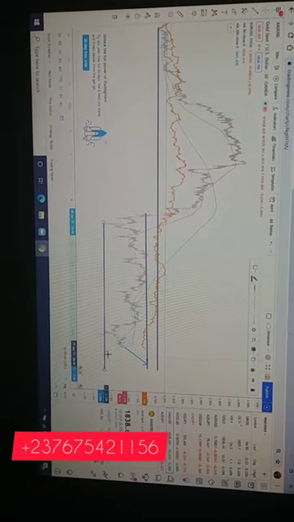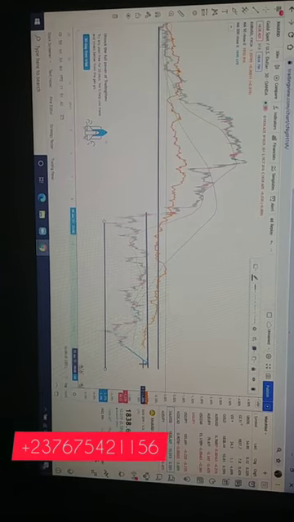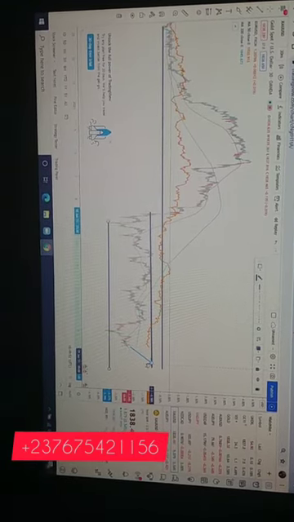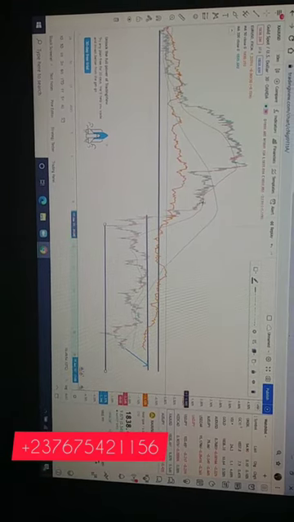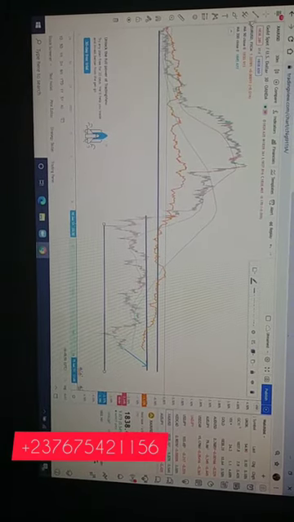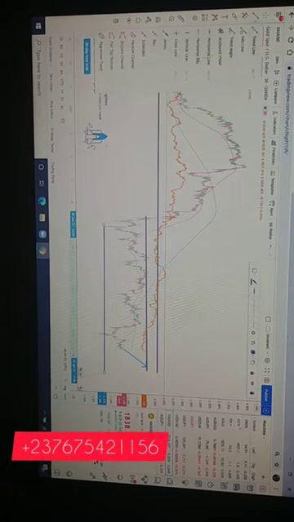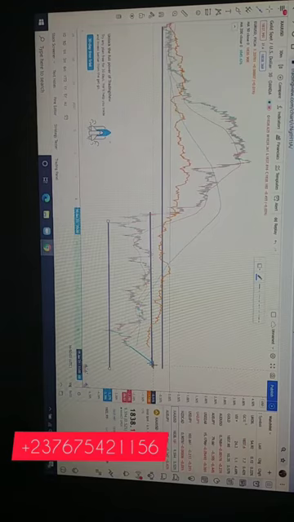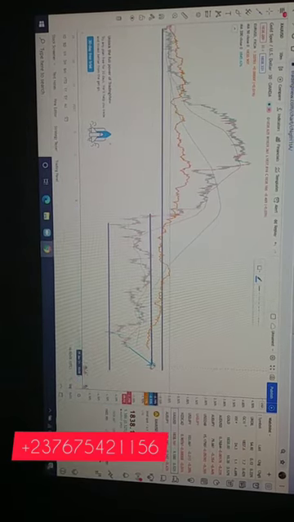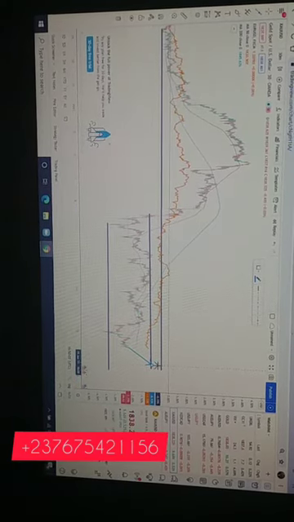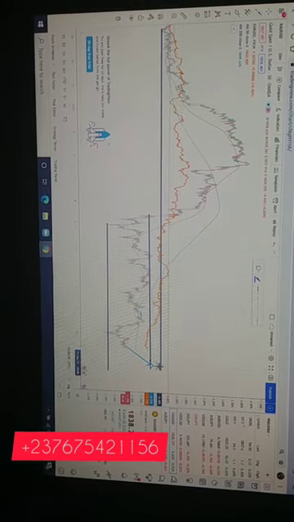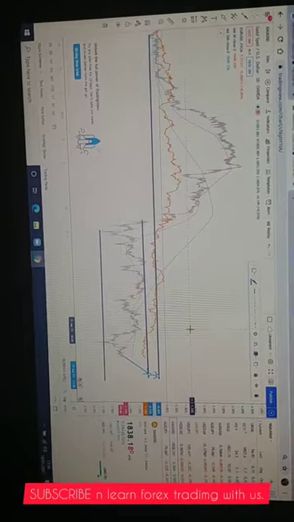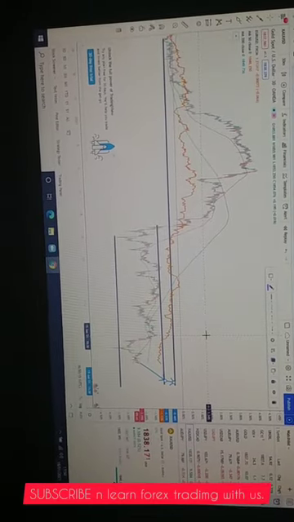So this is actually how gold moves from now, and if it comes and breaks this resistance, and moves a little bit upward, gold will keep moving upward. So that's what I will be teaching you.